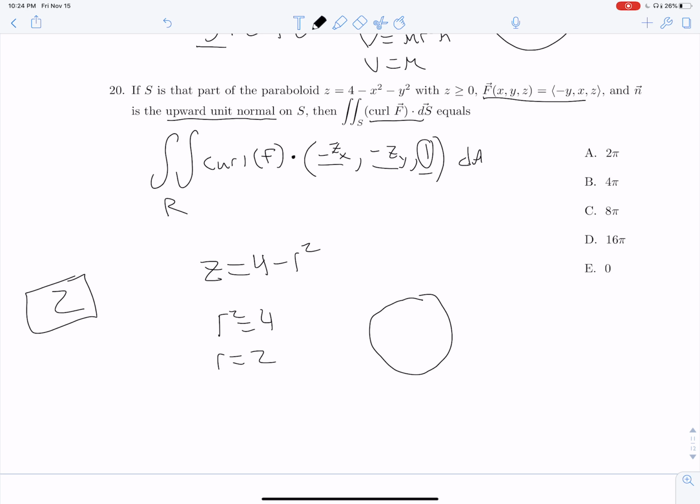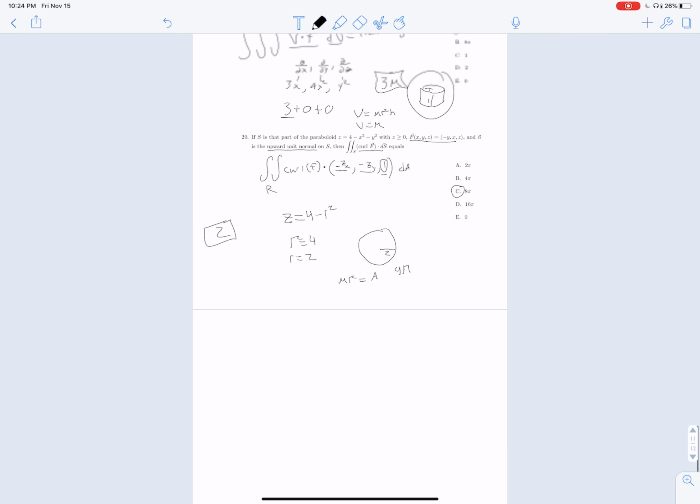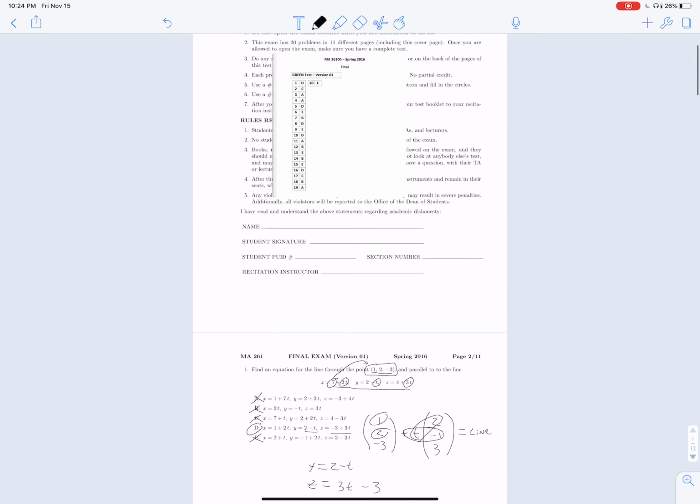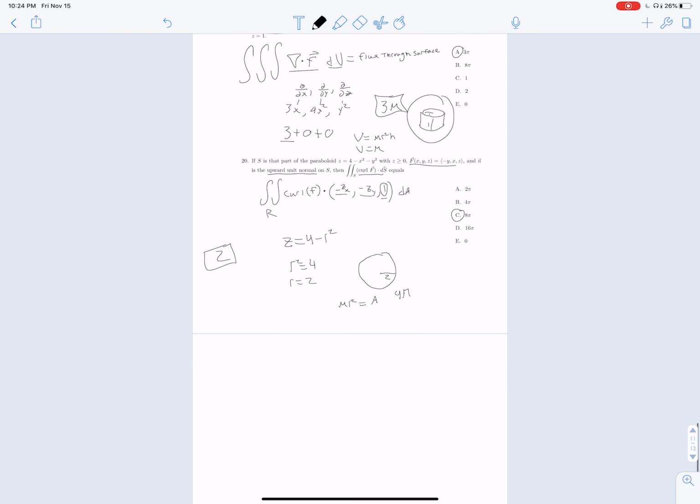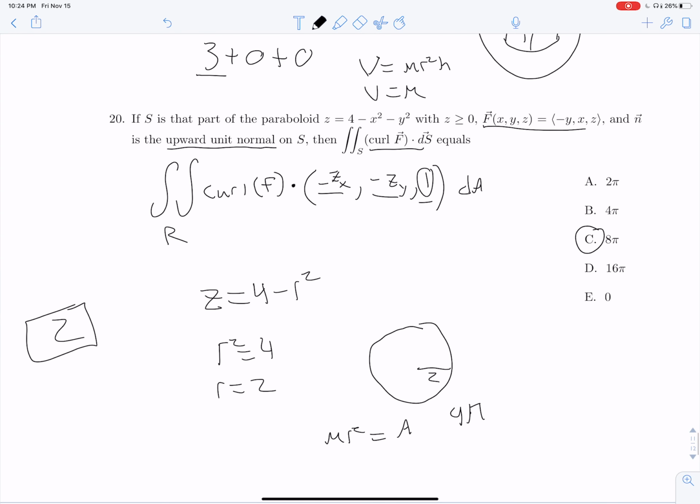So we're dealing with a circle of radius 2. And finding that area is pretty easy. Pi r squared is going to be 4 pi, multiplied by 2. We get our 8 pi, and yes, sweet. And that is that for this exam.